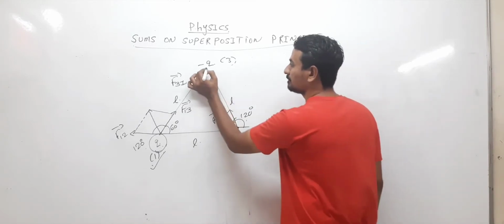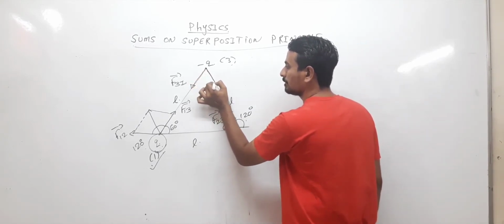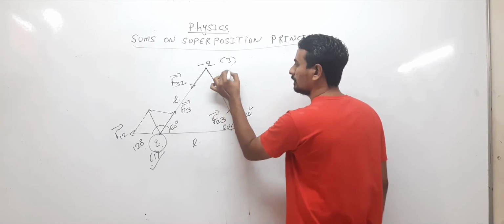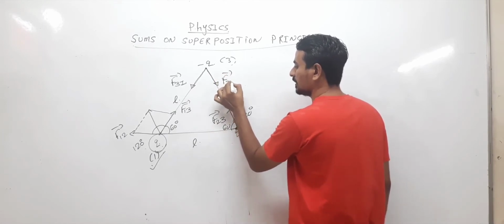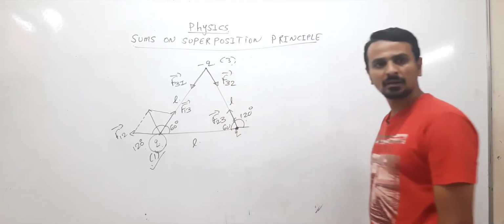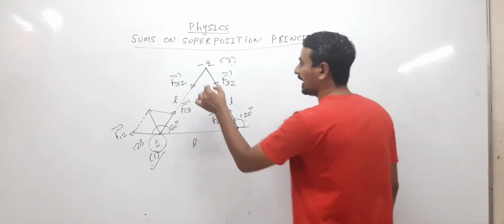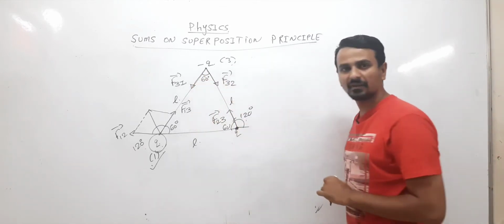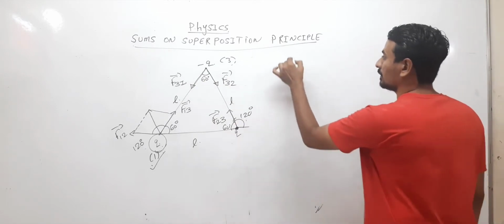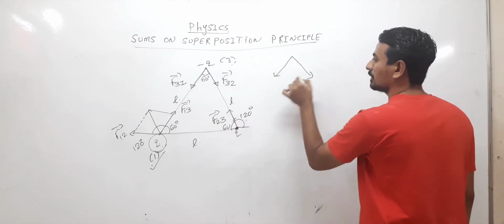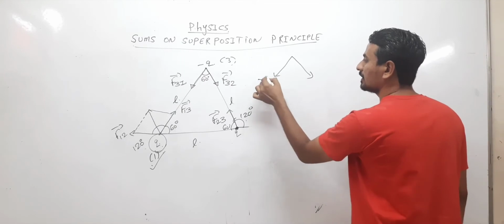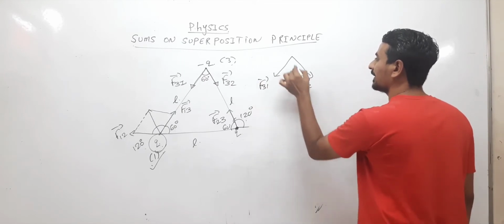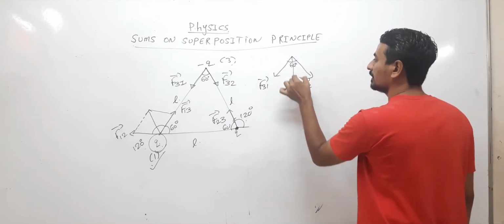So this will be the force on 3 because of 2. Clear? And what is the angle between these? 60 degrees. The angle between them is 60. So this is F31, this is F32, this angle is 60. So the resultant will be this way.